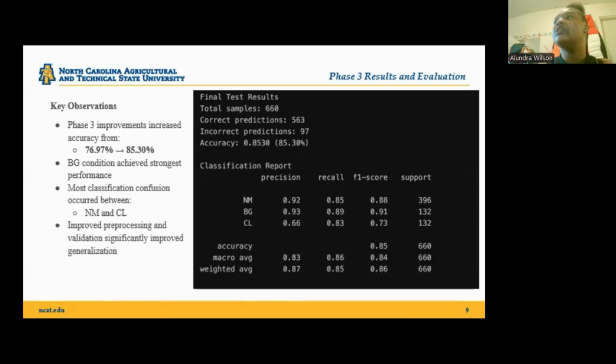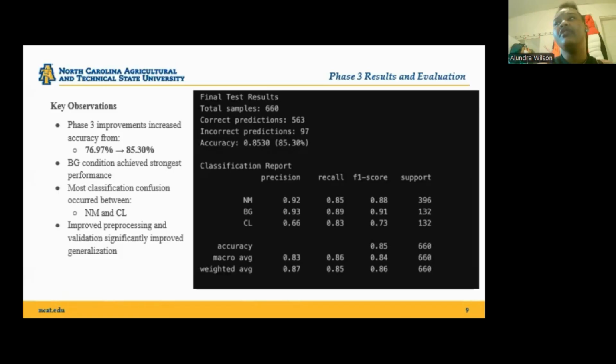When analyzing class-specific performance, the bag condition achieved the strongest results overall. The coat condition remained the most challenging because coats significantly alter silhouette structure and reduce visibility of body motion. The confusion matrix showed that the majority of predictions fell along the diagonal, meaning most samples were classified correctly.